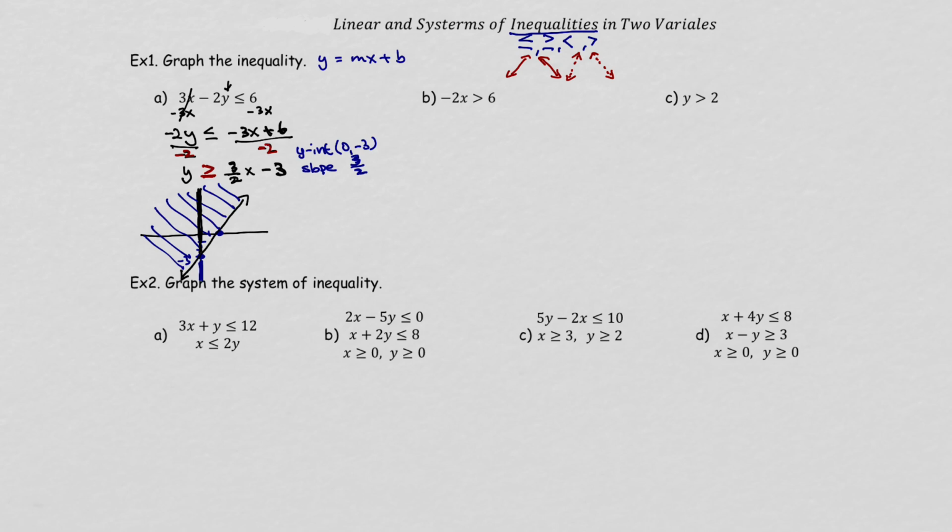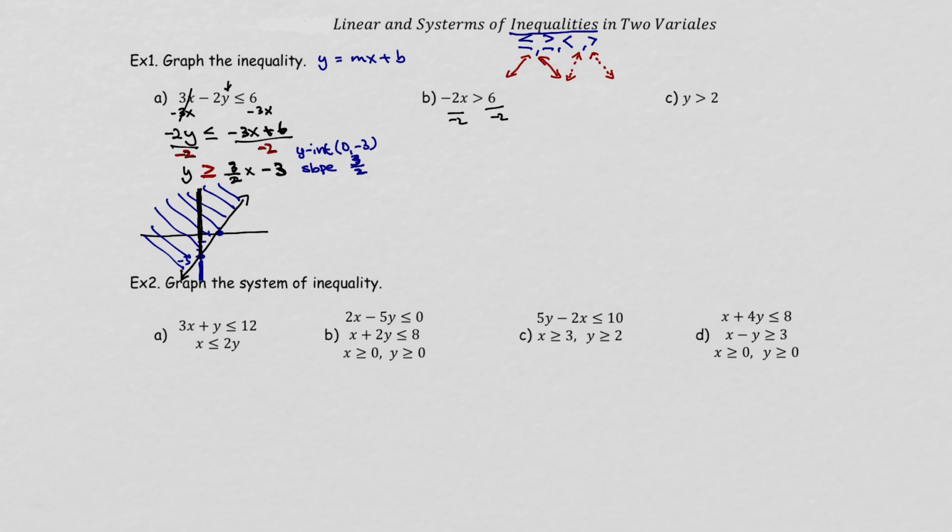I'm going to show one more. We have negative 2x is greater than 6. Remember, in the previous problem we solved for y. But here, we don't have a y variable. So since we don't have a y variable, let's just solve for x. When we solve for x, we will have to divide both sides by negative 2.